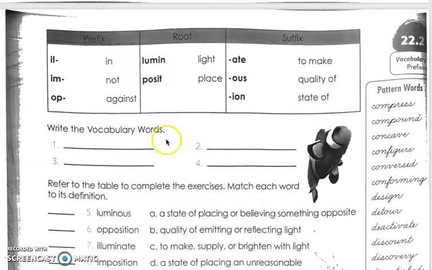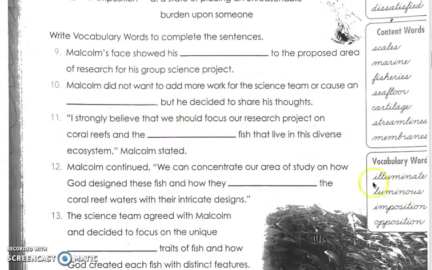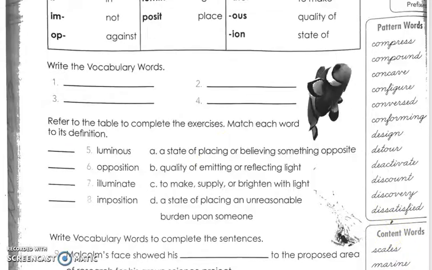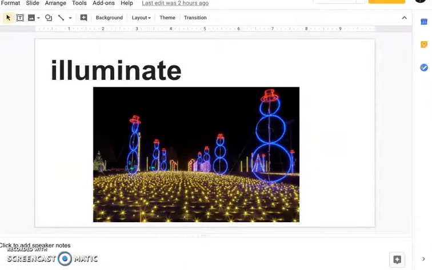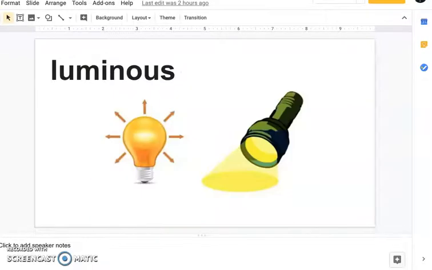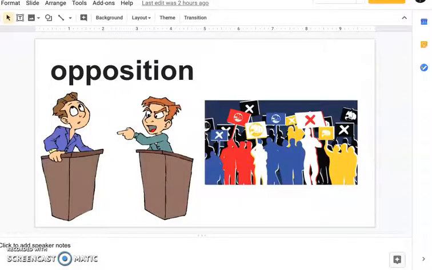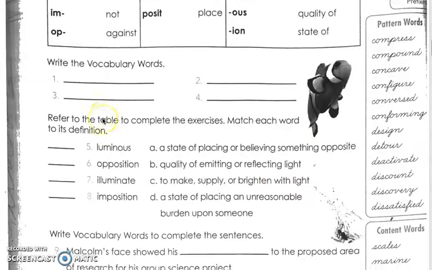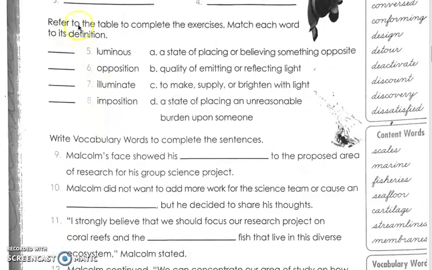So write the vocabulary words. We have the 4 vocabulary words here: illuminate, luminous, imposition, opposition. And then number 5 through 8, refer to the table to complete the exercises and match each word to its definition.